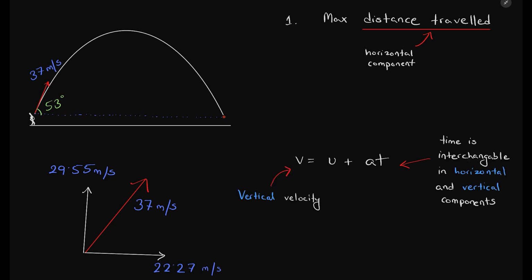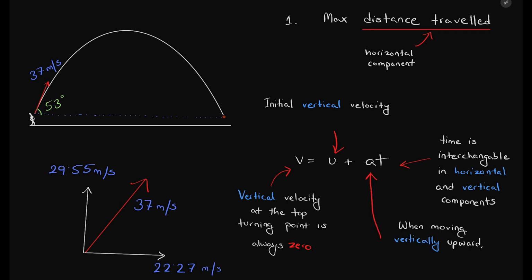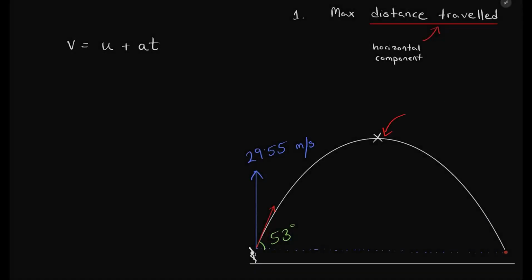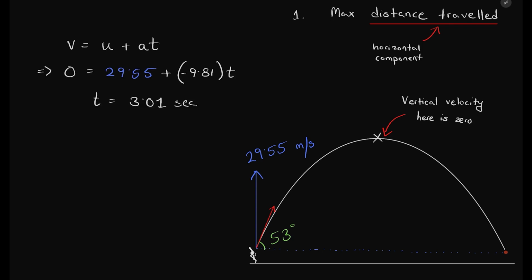The final vertical velocity at the top is always 0. We have found the initial vertical velocity, and as the ball is moving upward, the acceleration is negative 9.81. Using the formula, we get time equals 3.01 seconds. That means the total time of flight is actually 6.02 seconds.